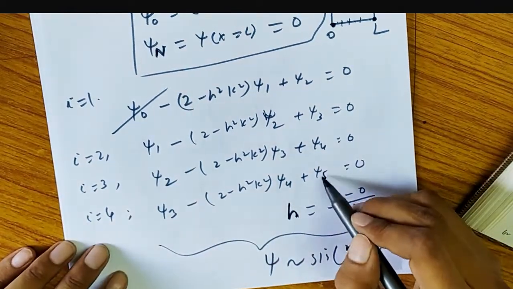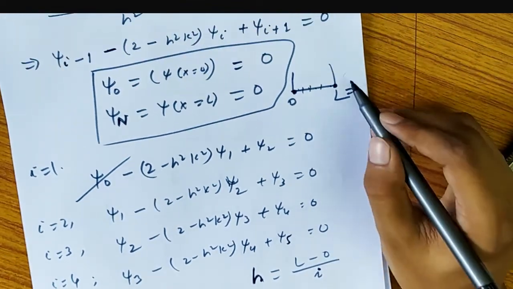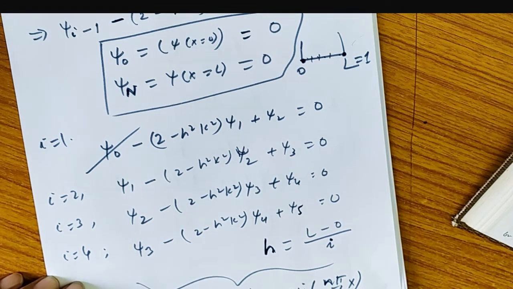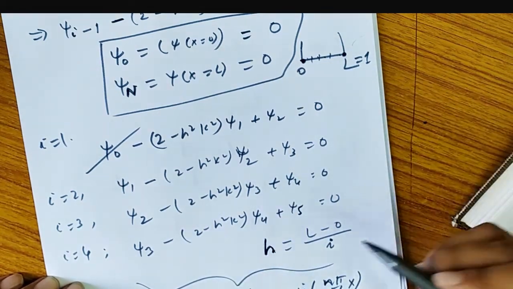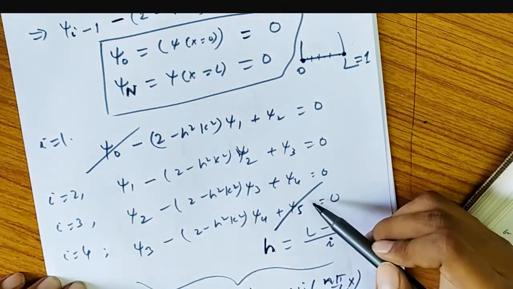Here psi 5 corresponds to L equal to 1, because I am considering, for example, L equal to 1, since my computer doesn't know what my L is, so I have to give some value, and we can find the energy. Again my wave function has to vanish at the boundary, so psi 0 is 0 and psi 5 is 0.